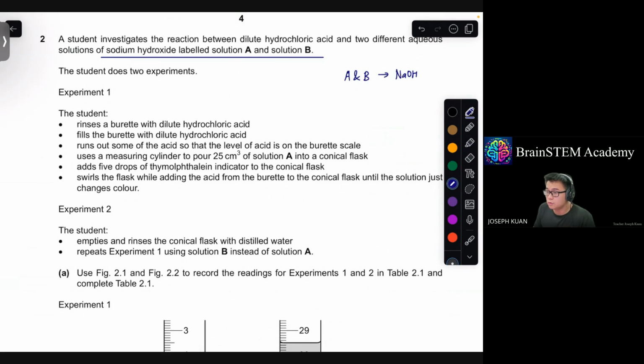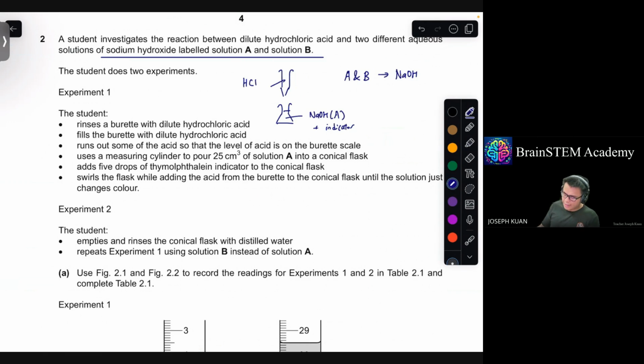Experiment 1, the student rinses a burette with dilute hydrochloric acid, fills the burette with dilute hydrochloric acid, runs out some of the acid so that the level of the acid is on the burette scale, uses a measuring cylinder to pour 25 cm³ of solution A into a conical flask, adds 5 drops of thymolphthalein indicator to the conical flask, swirls the flask while adding the acid from the burette to the conical flask until the solution just changes color.